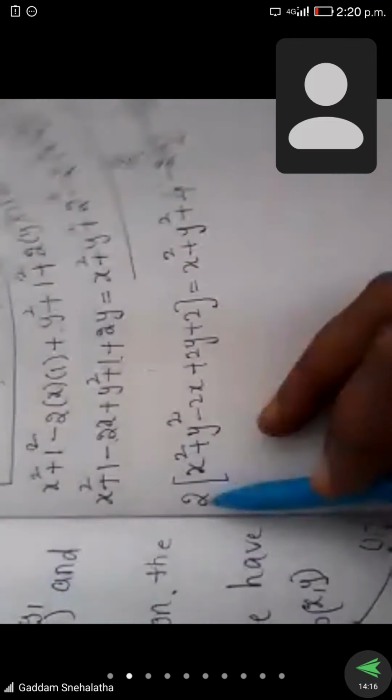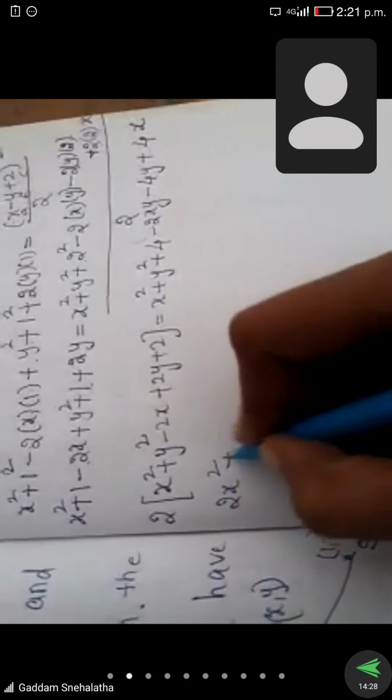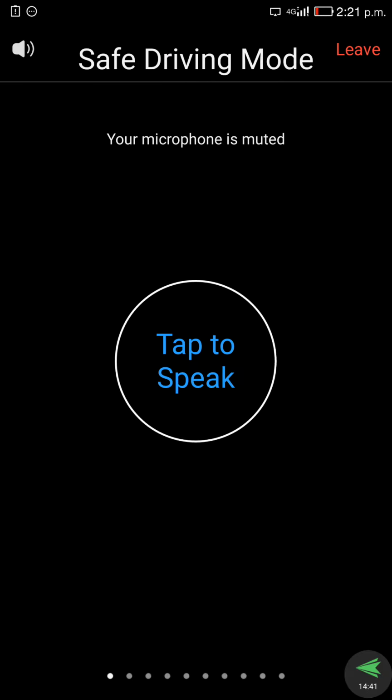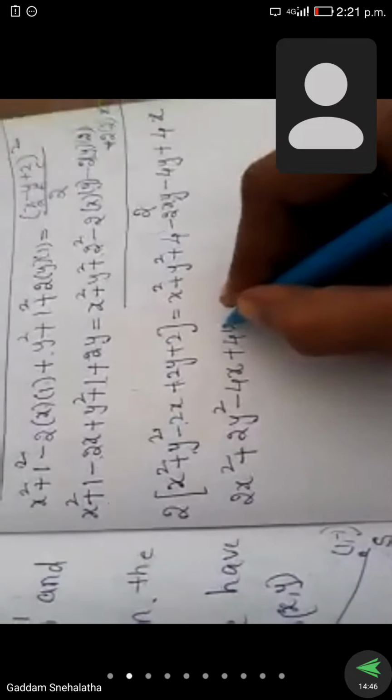Now multiply these two inside. If I multiply these two inside, what do I get? 2 into x square is 2x square, plus 2 into y square is 2y square. So minus 2 into 2x is 4x, plus 2 into 2y is 2 to the 4y, plus 2 into 2 is 2 to the 4.